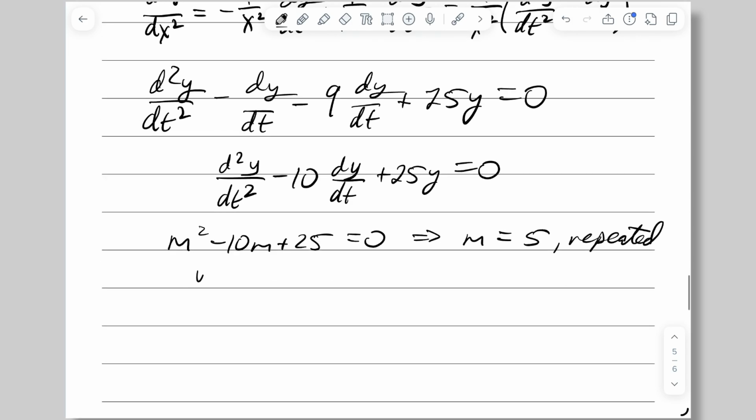So y is equal to c1 e to the 5t plus c2 t e to the 5t.